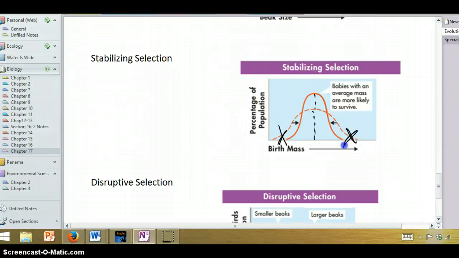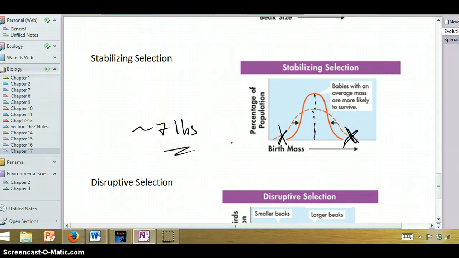And if a baby is too big, then birth can be an issue, and not so much these days with C-sections, but before modern medicine, if the baby was too big, it put the mother and the baby at risk during birth, and so essentially selection favored a particular size baby of about 7 pounds or so. That's the typical weight of a baby at birth.